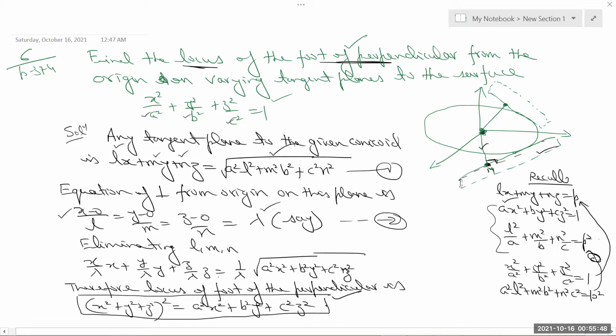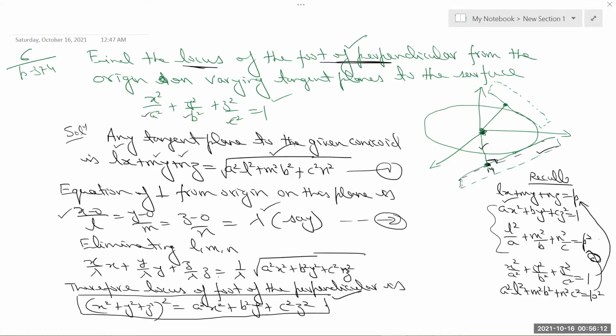So questions number 5 and 6 I have completed. In the next lecture I will discuss questions number 12, 13, 14 and 17. Then we will start the classification of central conicoids and the equation of normal, how to show that one can draw at most 6 normals to an ellipsoid.